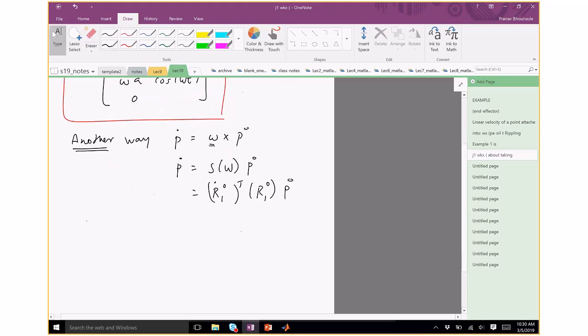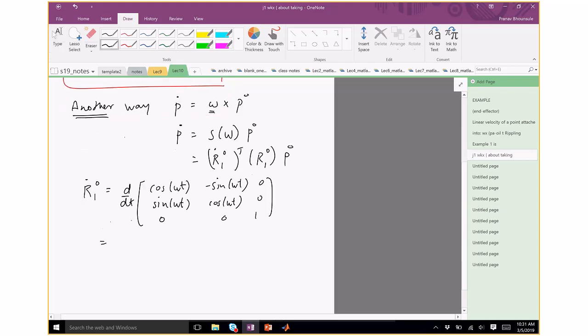Then R1 dot is going to be d/dt of whatever we wrote for R10, so cosine omega t, minus sine omega t, which will come out to be minus sine omega t times omega, cosine omega t times omega.